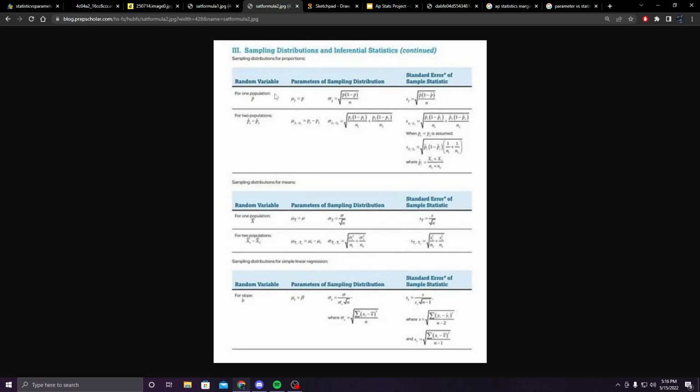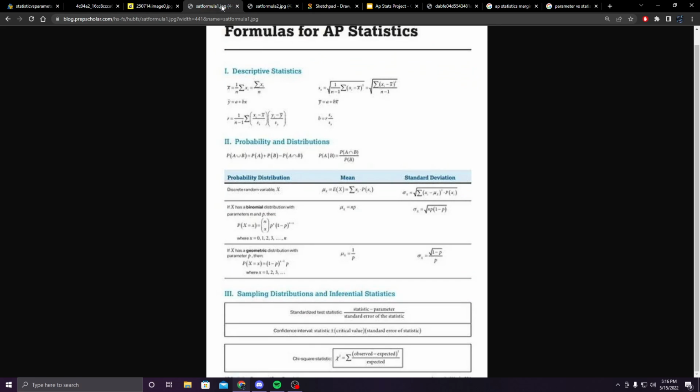If you have one population and it gives you the parameter, then you know you're using a z-test, and this is how you find the standard deviation and the standard error, which will give you the information to do the test statistic. So statistic minus parameter over standard error of the statistic, right?